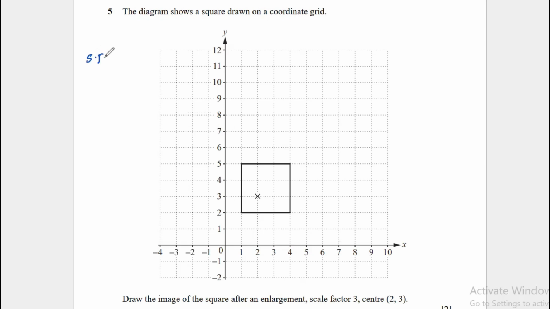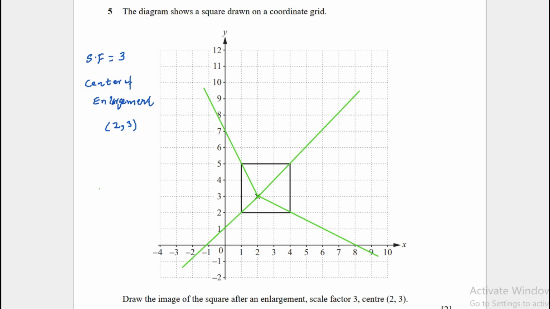Remember, the scale factor is equal to 3 and the center of enlargement is 2 comma 3. It is mentioned here. So we have to find a new shape which is 3 times bigger than this. For that, we will draw a few lines. Those will help us, from the center, pass through the corners, and then extend the corners.